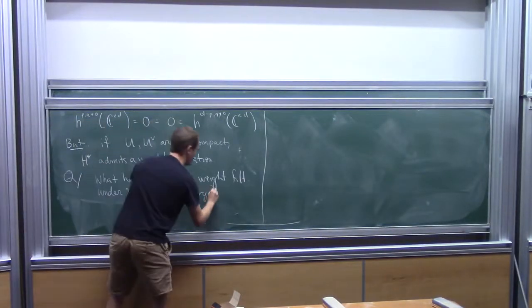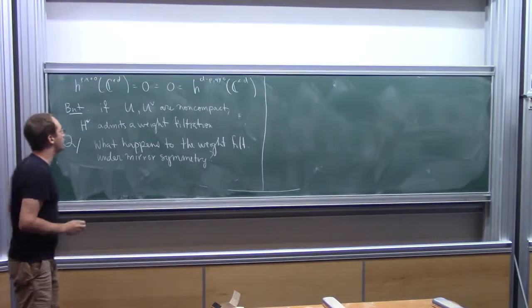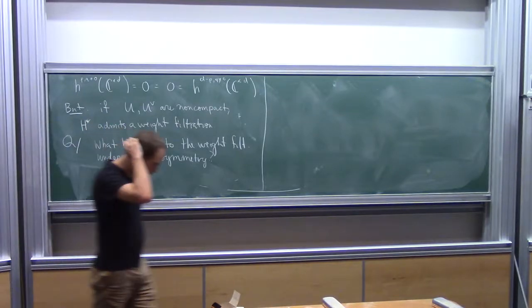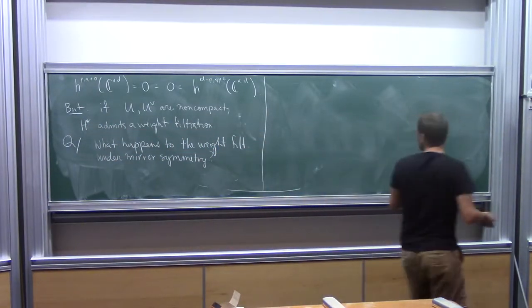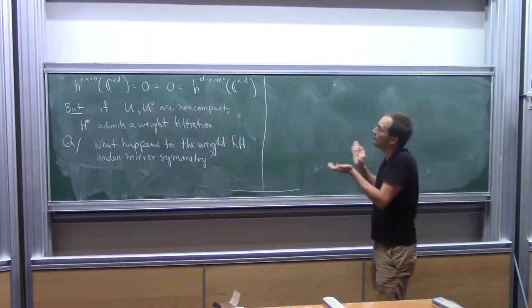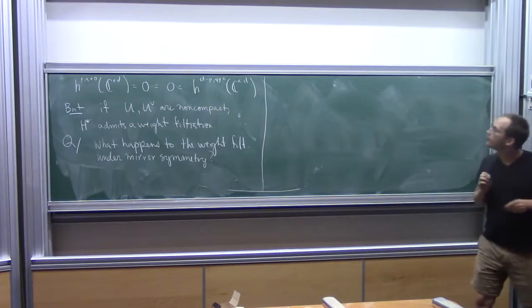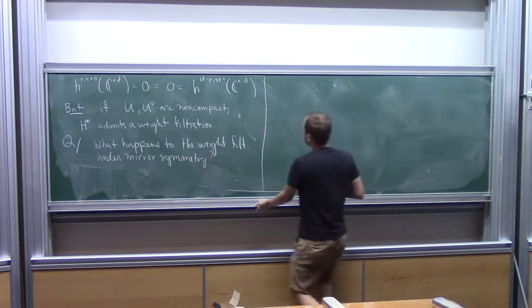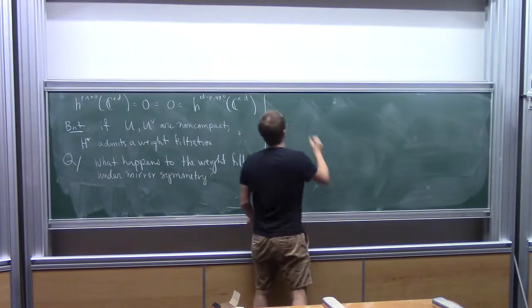Okay, so what could it possibly correspond to? A priori, we don't really need it to correspond to anything, but what could it possibly correspond to? So the question is, how does one compute the weight filtration?